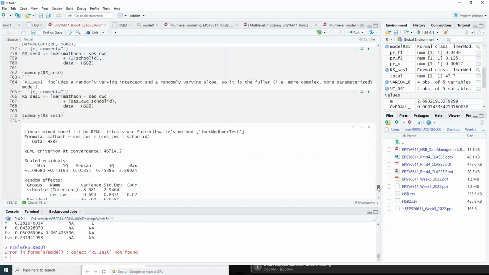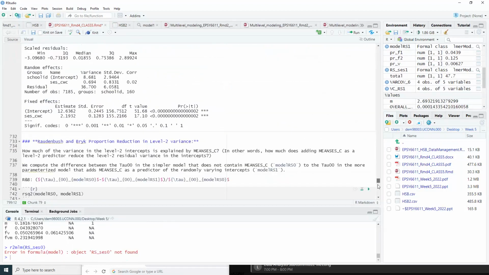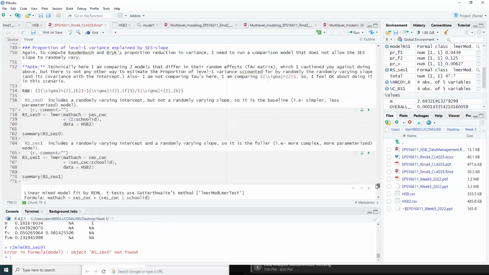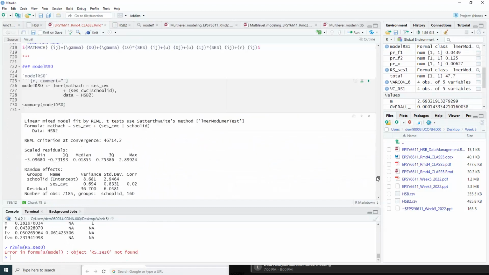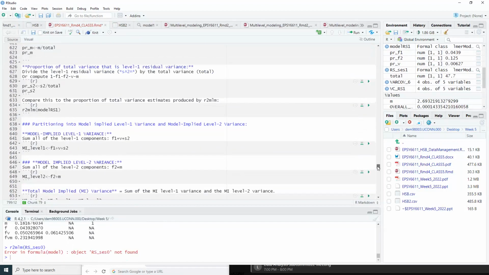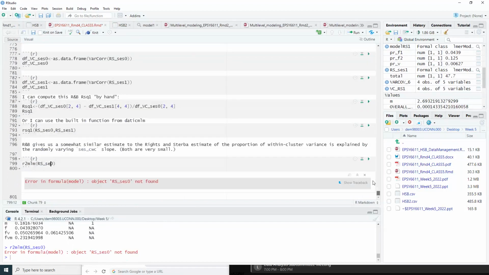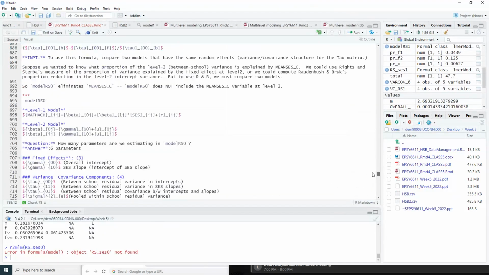Was it RS1? Is that what you're talking about? Oh, RS1. No, I think I wrote over my RS1. I did the wrong model. But okay, hold on. Well, you get the idea. Where's my model? Oh yeah, model RS1, thank you. It's way up here. I should have run it way up there.